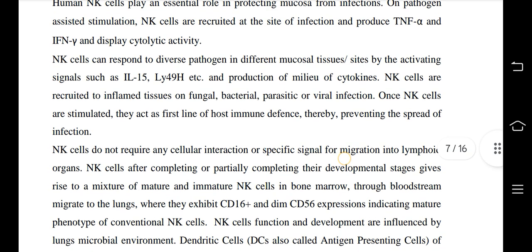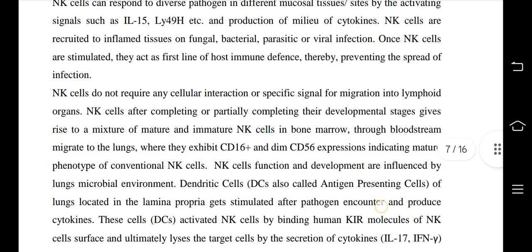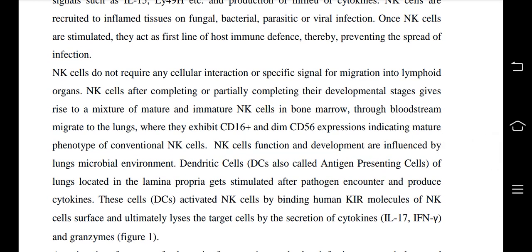NK cells do not require any cellular interaction or specific signal for migration into lymphoid organs. After completely or partly completing the developmental stages, giving rise to a mixture of mature and immature NK cells in the bone marrow, they migrate through the bloodstream to the lungs, where they exhibit CD16 plus dim CD56 expression, indicating the mature phenotype of conventional NK cells. NK cell function and development are influenced by the lung microbial environment.